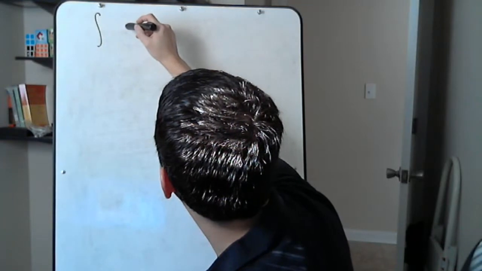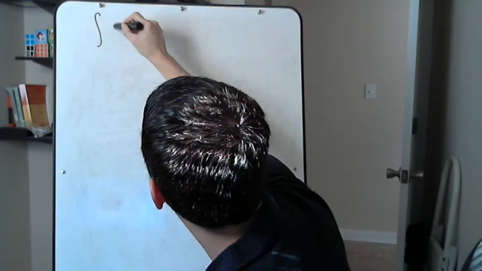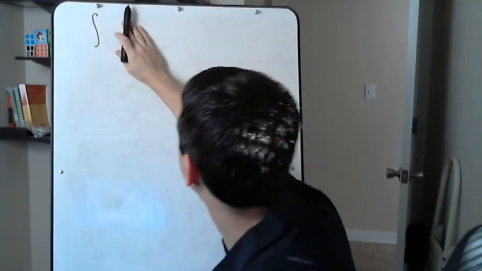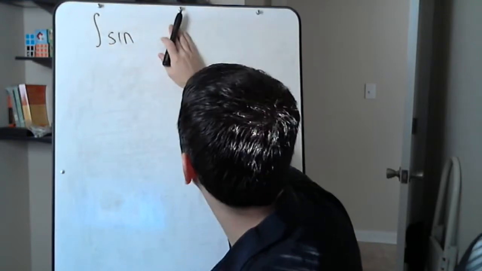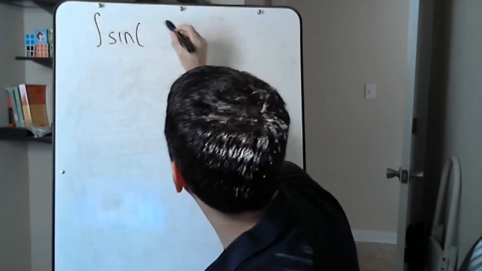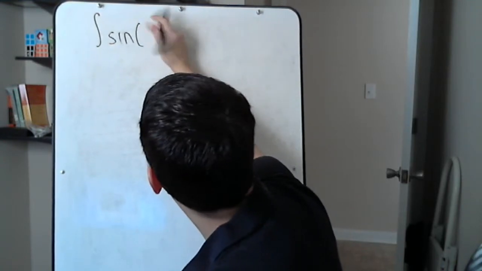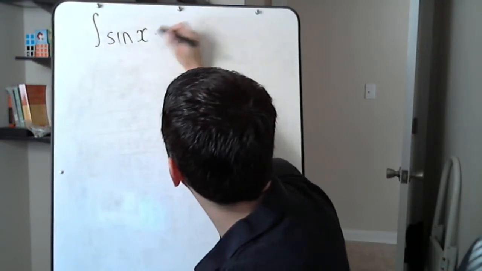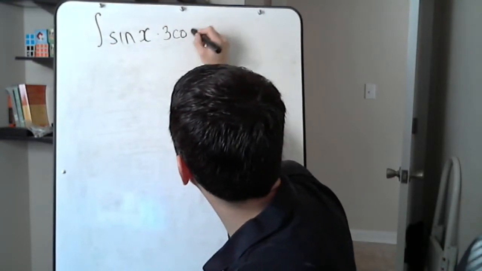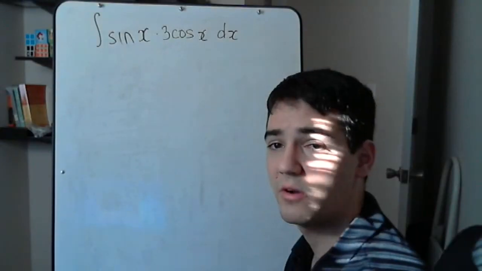Let's try tangent. No, let's not try tangent. I don't like tangent. Sine of sine x times 3 cosine x. Okay, maybe not slightly more difficult. The idea is to get the idea across.